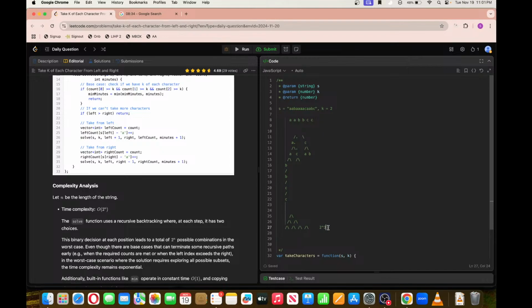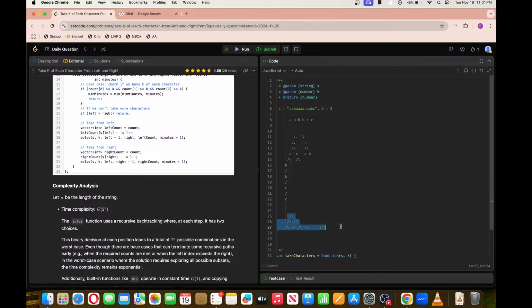Okay, so 1, 2, 3, 4, 5, 6, 7, 8. And the height can go until n numbers, right? So if there are like 15 characters, then it can go until 15 characters.